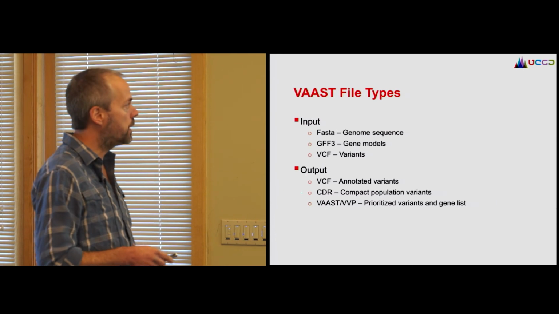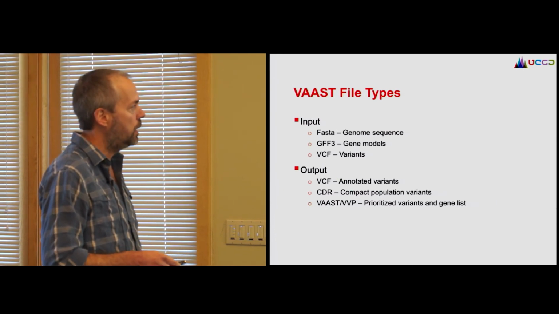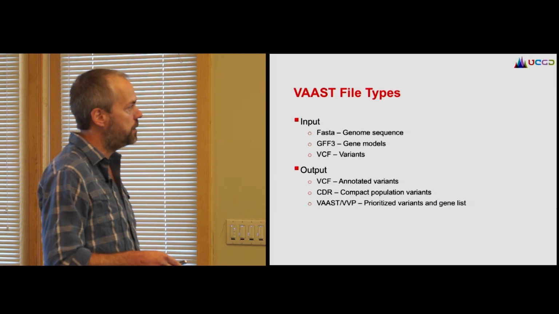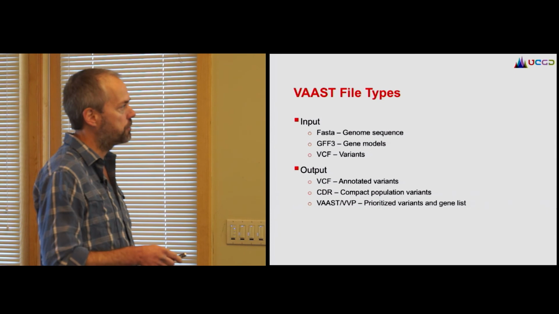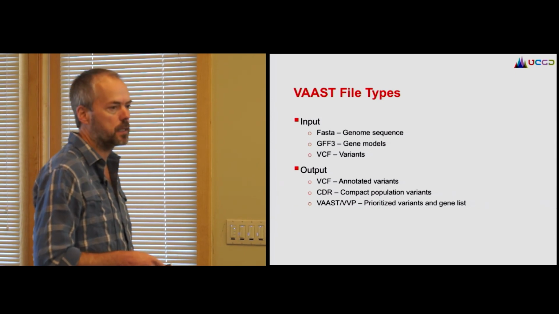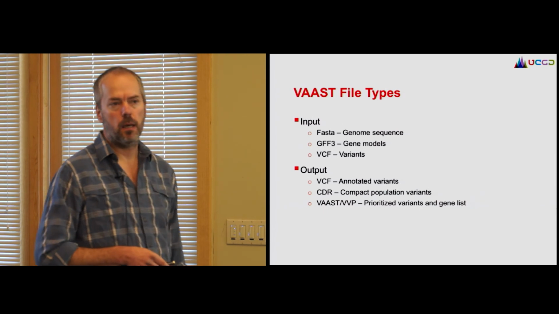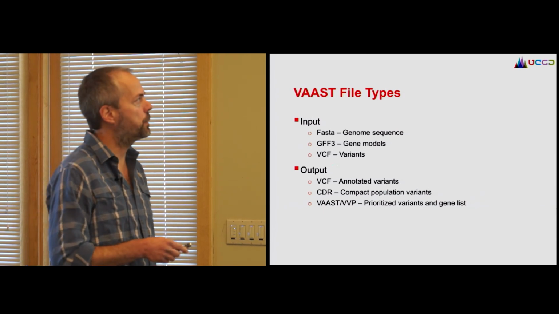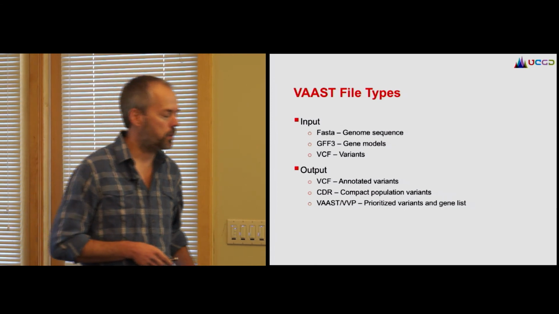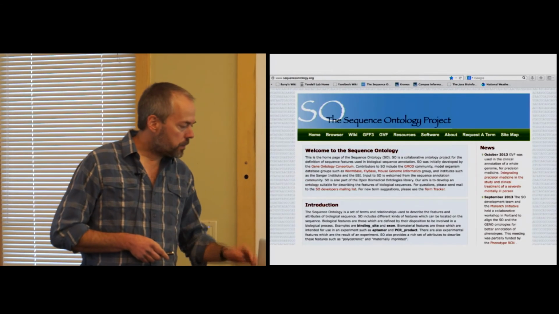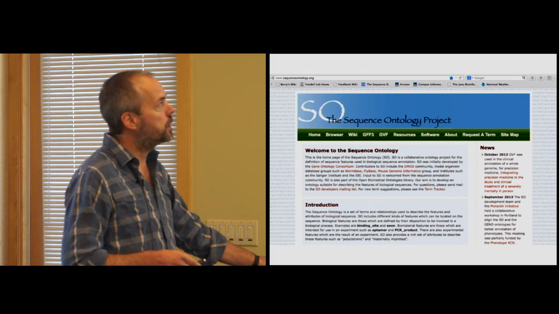And the outputs would then be an annotated set of variants coming out of the VAT tool, the VAAST and VVP prioritized gene lists, and then there's a compact representation called a CDR file of the population variants that's used internally. It's really the same kind of information that's in the VCF file, it's just orders of magnitude smaller.